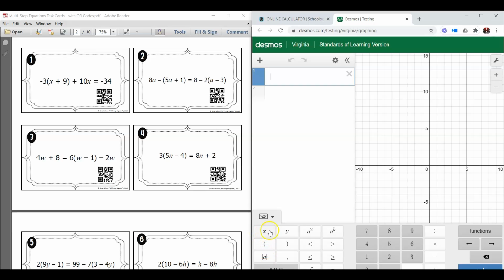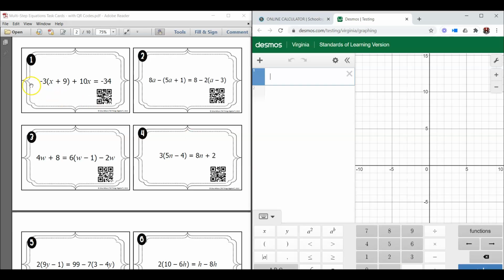Now you'll notice right here is your variable x. If you need parentheses, those are here. You have all of your numbers so that you can type those in. And then your add, subtract, multiply, and divide. And then, of course, your equal sign is right here.